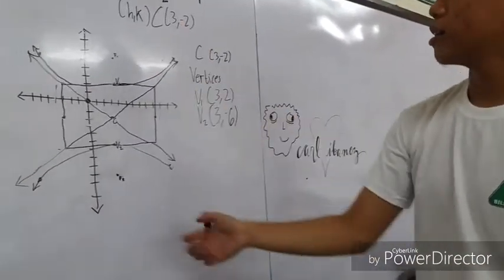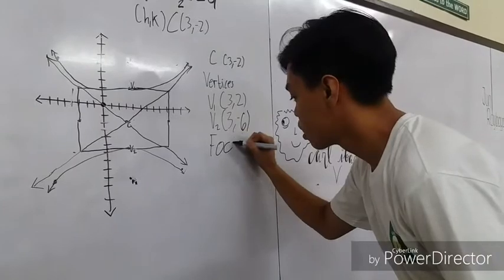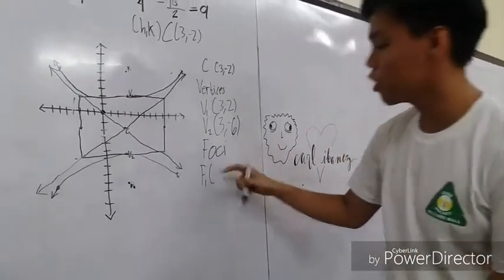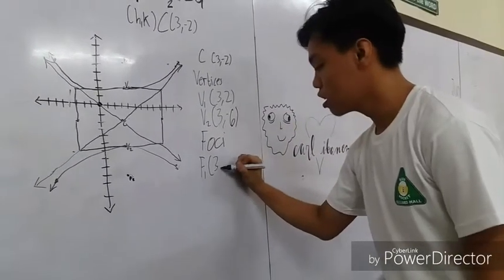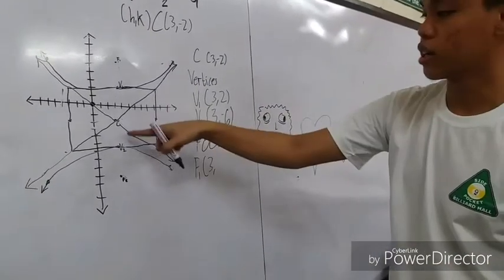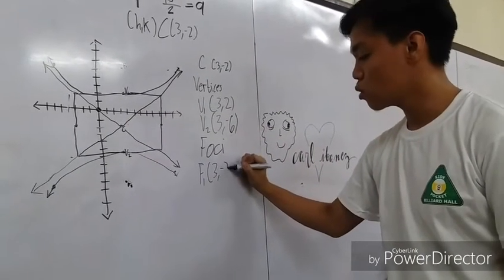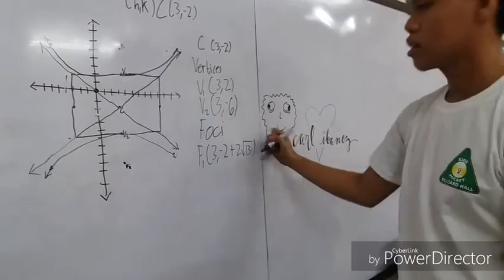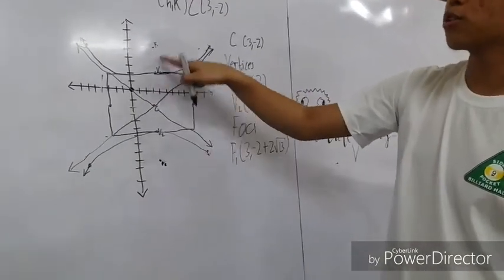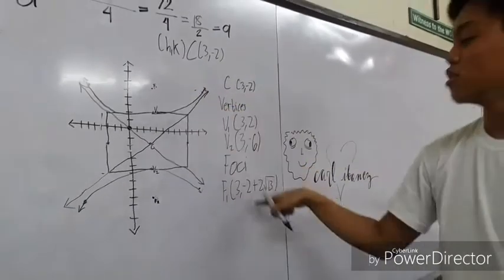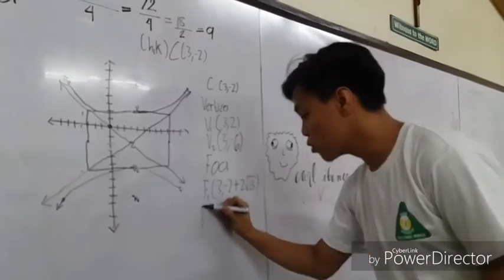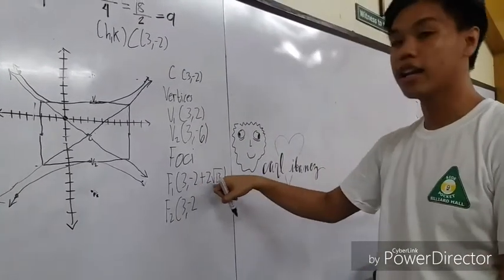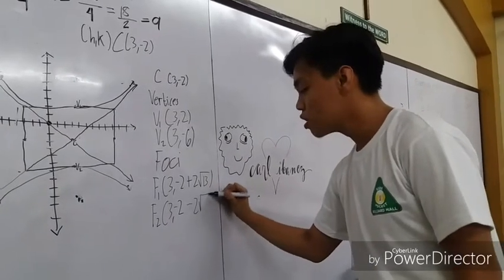Then for the foci, F1 has the point 3, negative 2 plus 2 square root of 13, which is about 7.2, not the exact point, so we use the square root. Then F2 is 3, negative 2 minus 2 square root of 13.